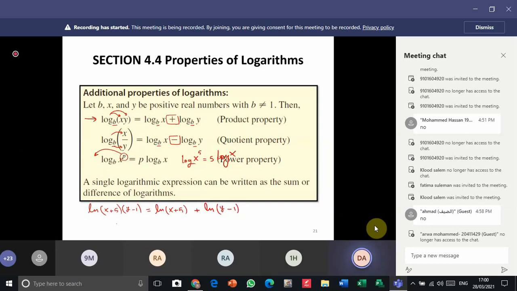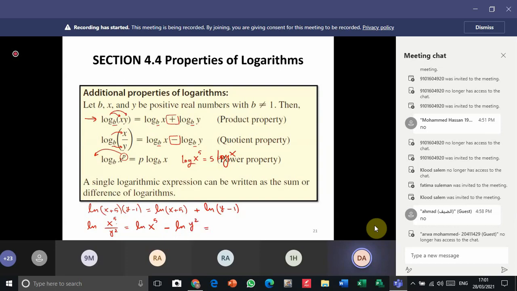Okay, if we have, for example, ln of x to the power 5 over y squared, we can distribute the ln on the numerator minus ln on the denominator.